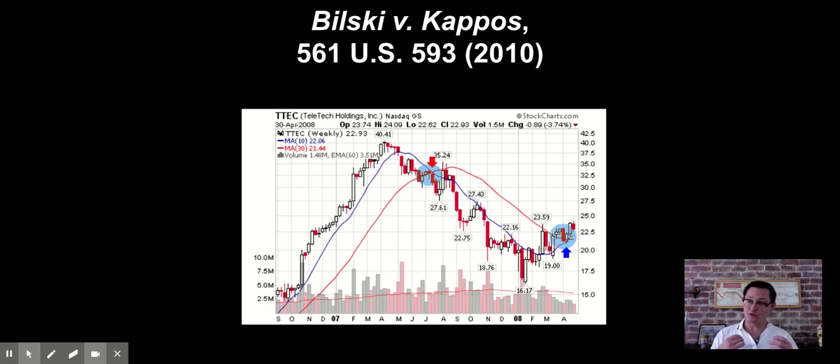Now, query whether that isn't essentially the same thing that was happening in Diamond v. Diehr, right? I mean, formula already known, but patent over a particular application. That sure looks like what was going on in Bilski v. Kappos in a lot of ways, right? I mean, a method for hedging risk is essentially a formula, broadly speaking, and saying, well, apply it in this particular context. Well, that sure seems like the thing that ought to qualify.